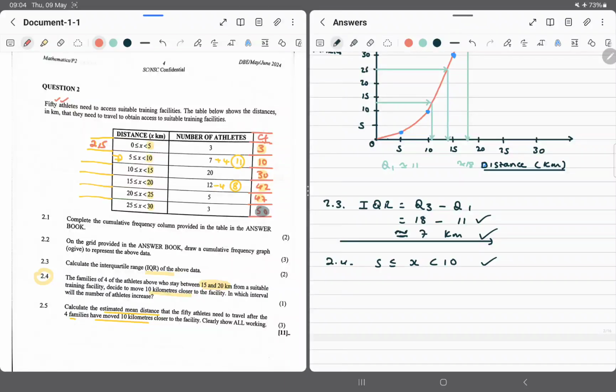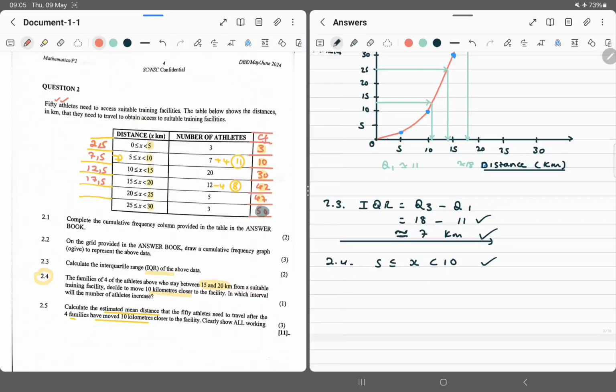Let's just say 10 plus 5 gives us 15 divided by 2. The midpoint is 7,5 here. And then it continues like that. Between 10 and 15, it's just going to be 10 plus 15, 25 divided by 2, it becomes 12,5. Same thing, 15 plus 20 divided by 2, that's 17,5.